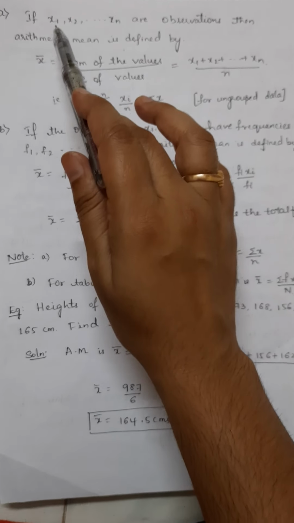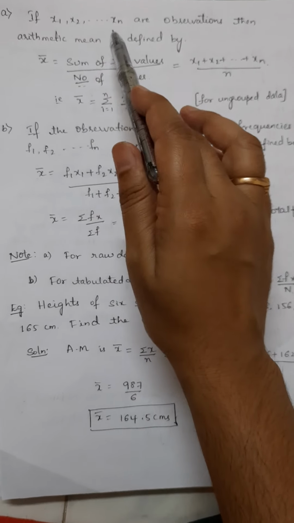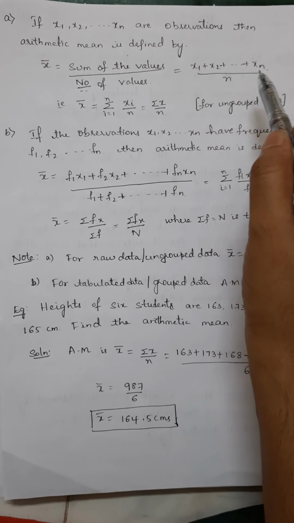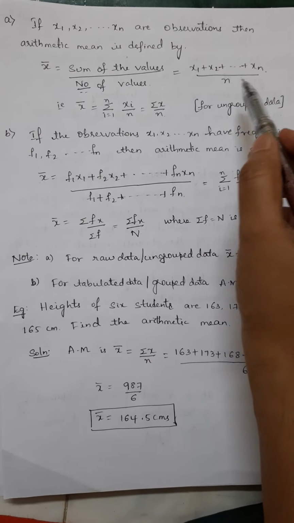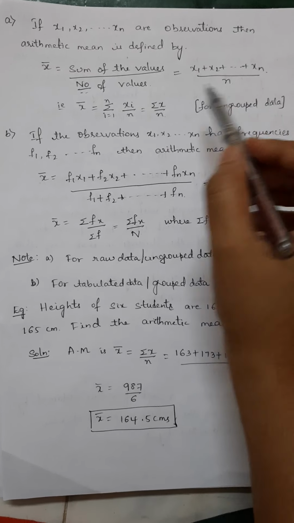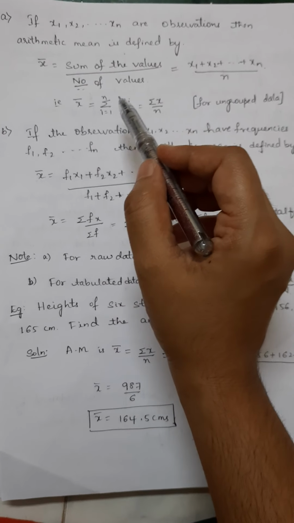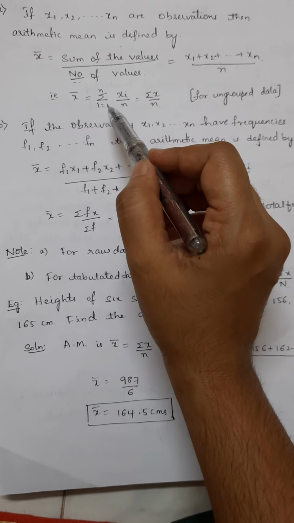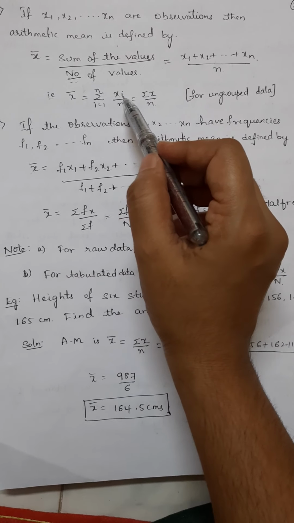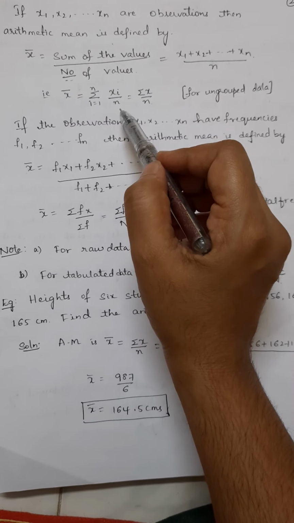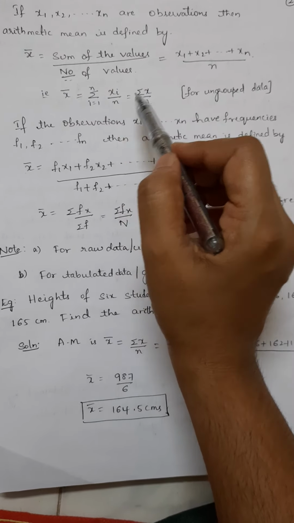Sum of the values means the addition of x1 plus x2 plus etc. up to xn, divided by the number of values, n. Using summation, we can write x bar as summation i equals 1 to n of xi divided by n, or in general, summation x divided by n.